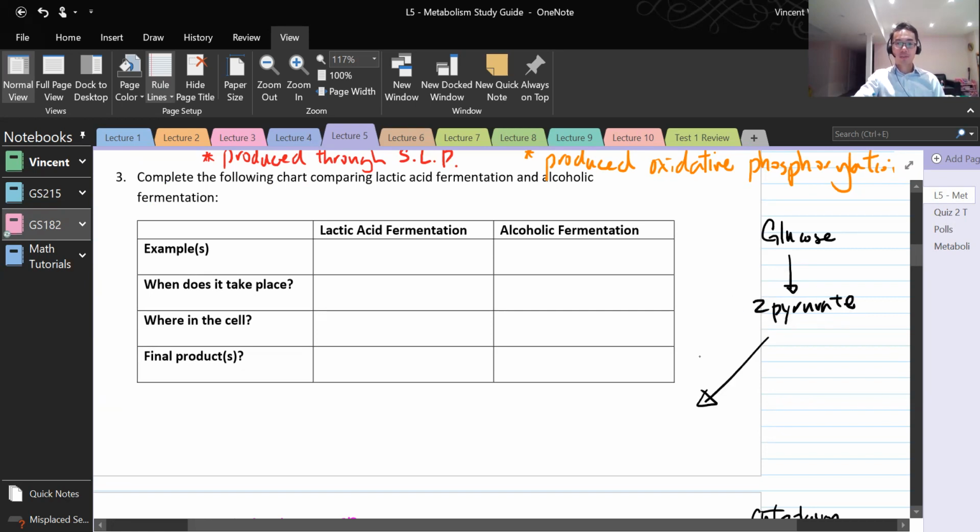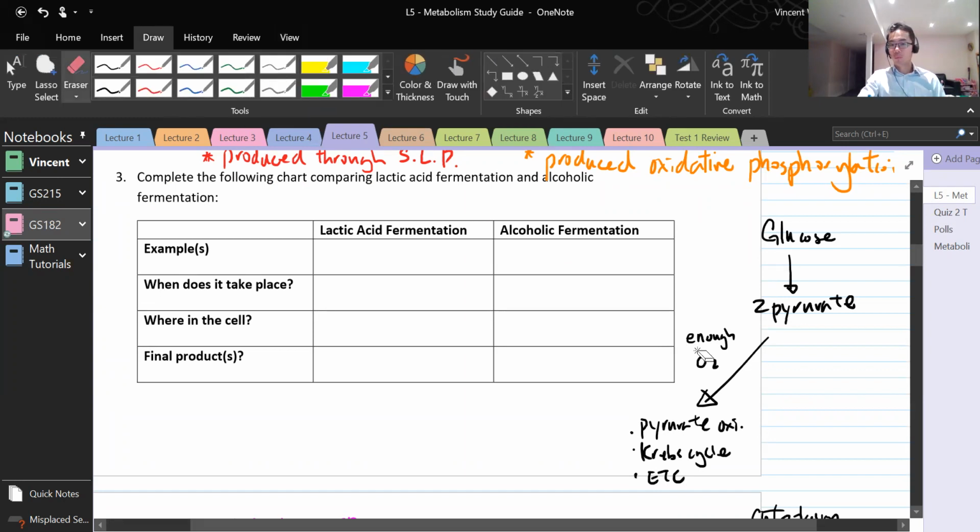Well, if you have enough O2, if you have a sufficient O2 supply, then you will do the stuff that we talked about, like pyruvate oxidation. We will do the Krebs cycle, and then we'll do the ETC.